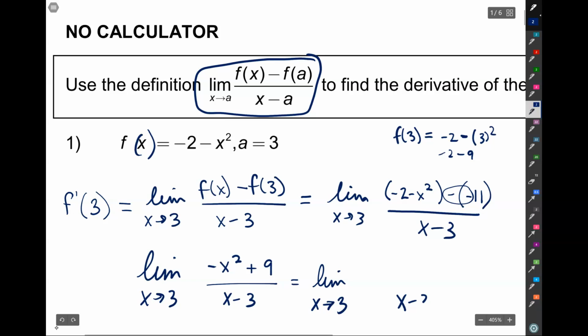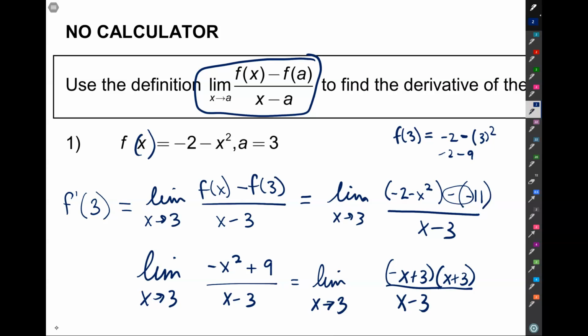Okay, so I have x minus 3 on the bottom, and on top I would have negative x plus 3 and then x plus 3. And then the top and the bottom cancel off and become negative 1.